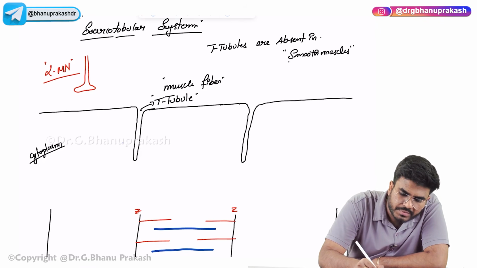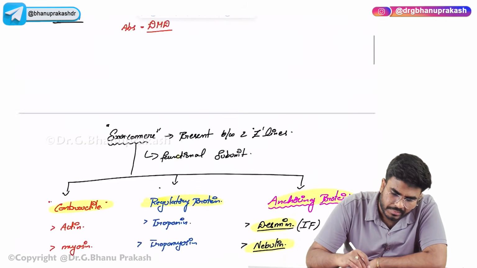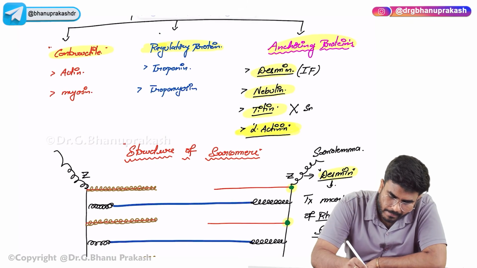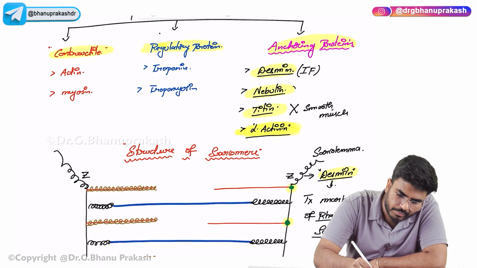Who else is absent? I have already discussed with you, titin is absent. This titin is absent in the smooth muscle. This nebulin is also absent in the smooth muscle.